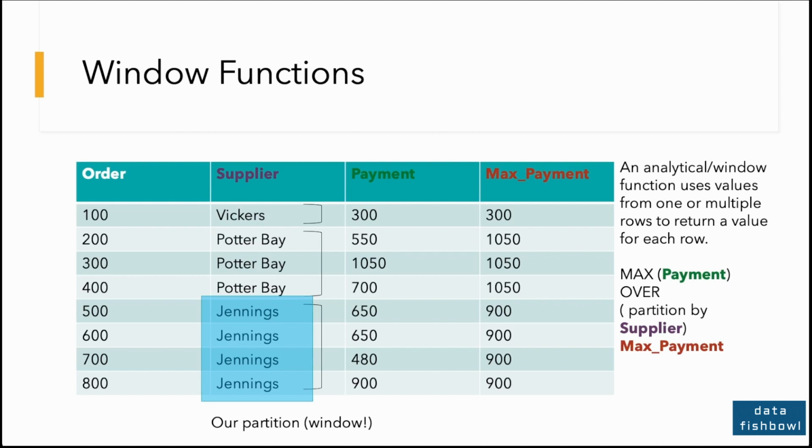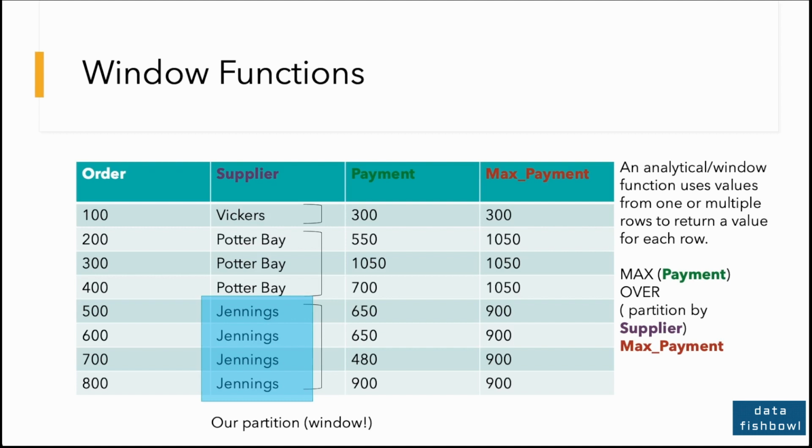And because we're only looking at each partition at a time, we're going to declare that 900 next to each record in that partition. So break it down in that way and it's much easier to understand. Define your partition, define the function that you want to apply to that particular partition, and declare the column name for that particular result.